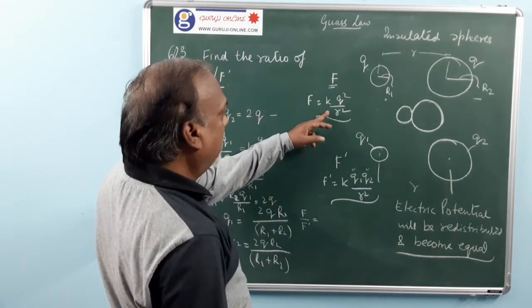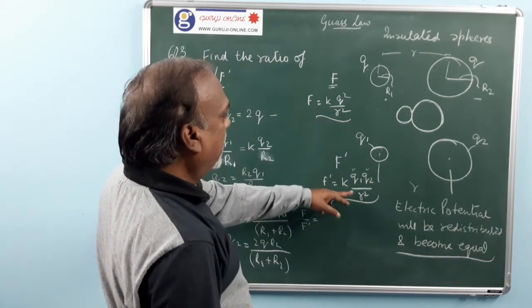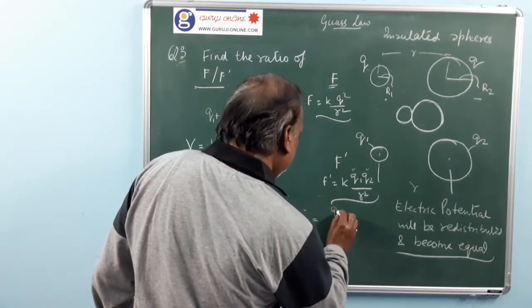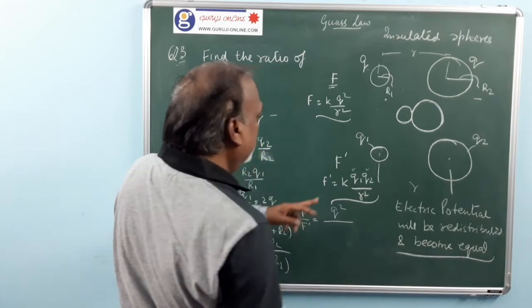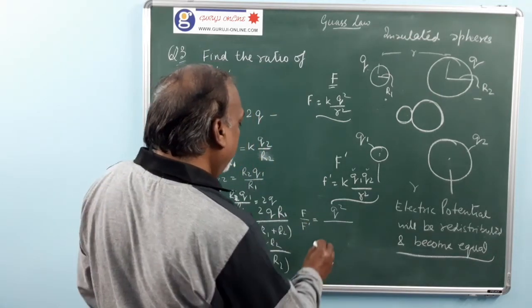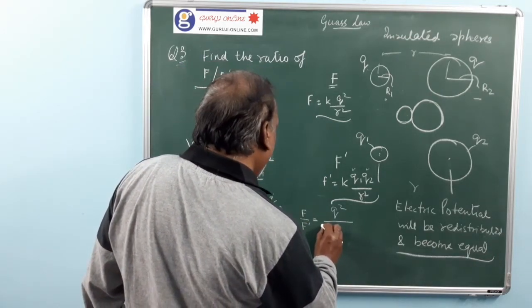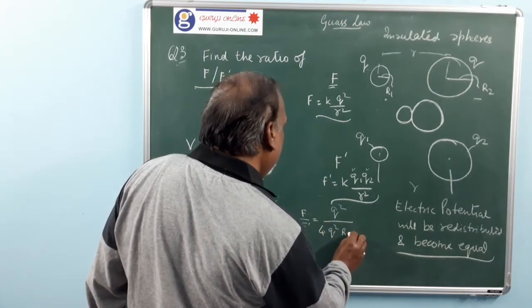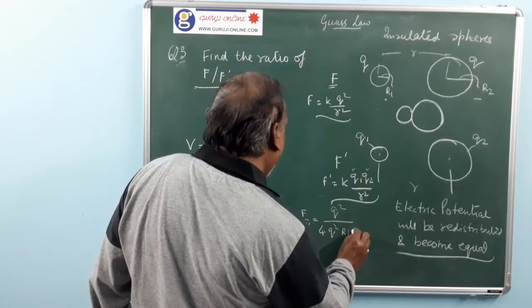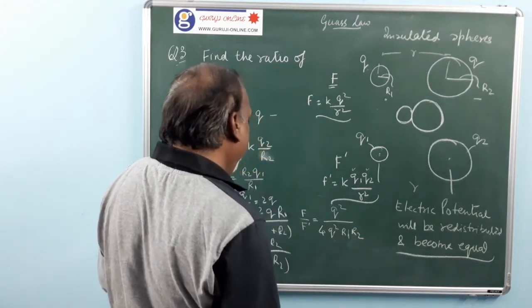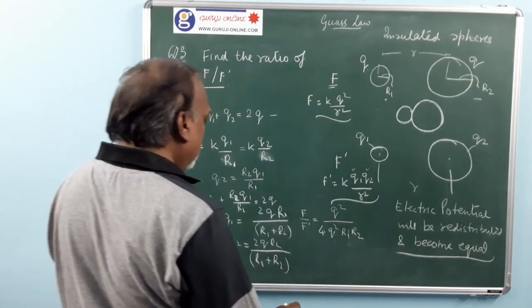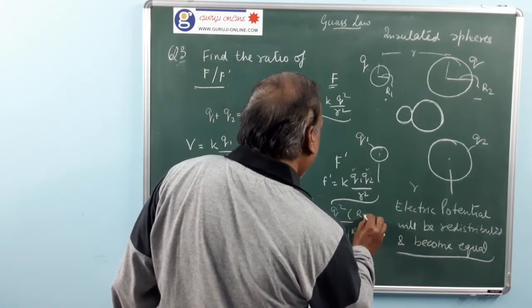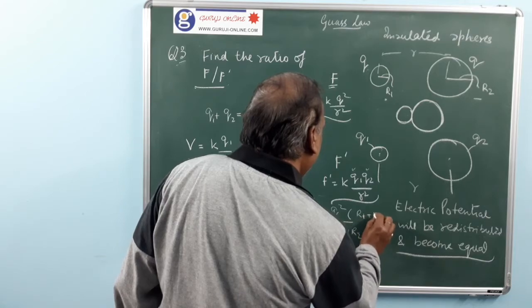This will be KR1, KR square, KR. This will cancel out Q1 and this will become 4Q square R1 into R2, and this will be R1 plus R2, correct?